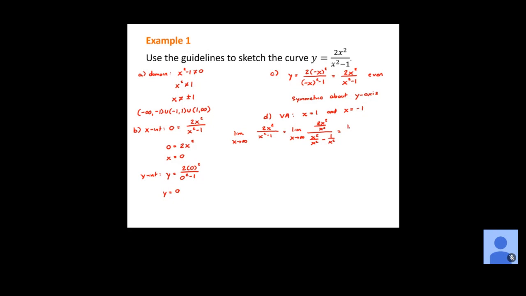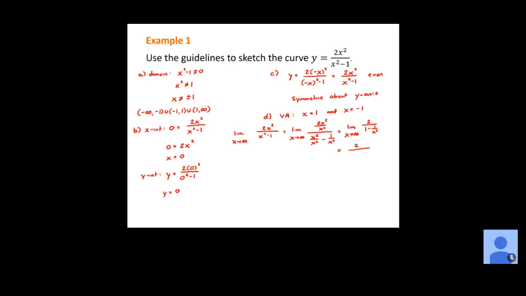Now, if we simplify here, we have the limit as x approaches infinity of 2x squared over x squared. The x squareds are going to cancel, so that just leaves us with 2 up top. In the denominator, x squared over x squared is 1, and then minus 1 over x squared. Simplifying that now, the limit as x approaches infinity of 2 is going to be what? 2.